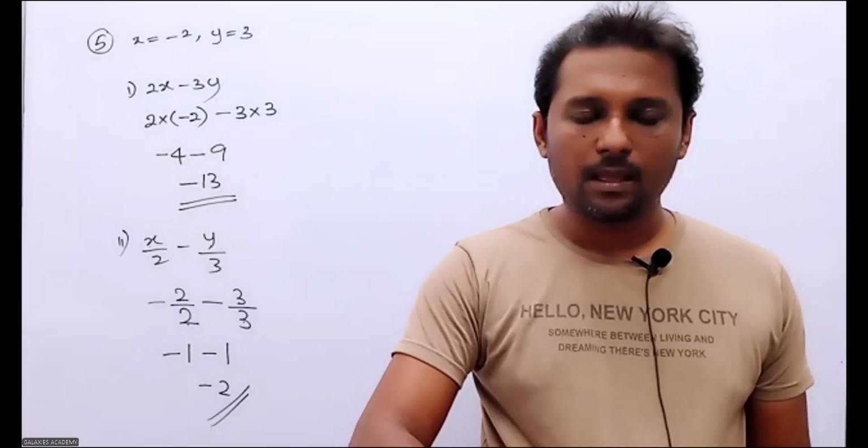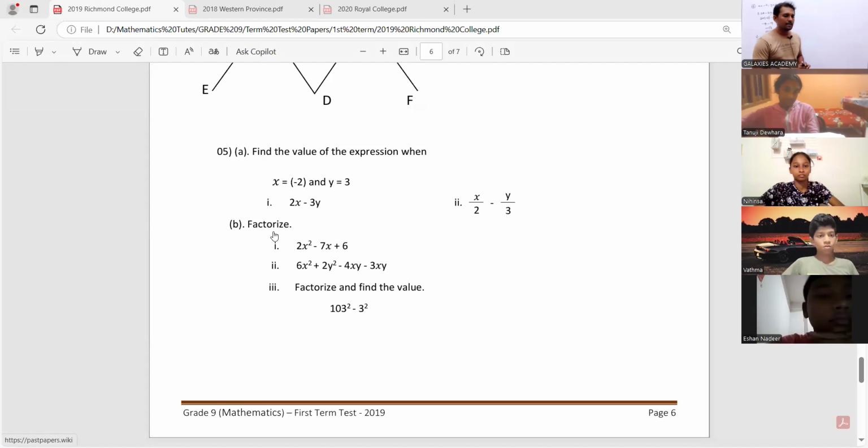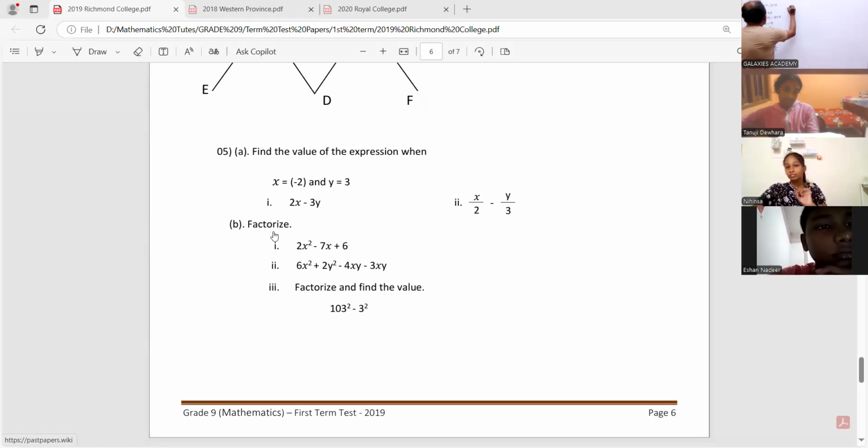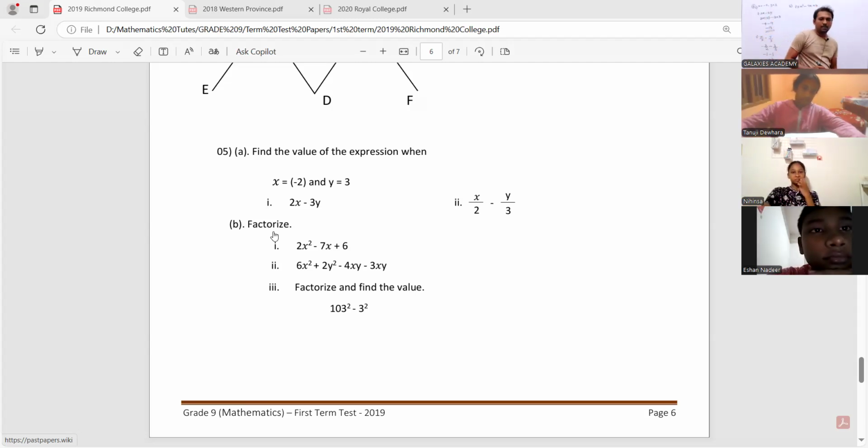Capital B part, no? Simple B part. Factorize. First one given: 2x squared minus 7x plus 6. Right?